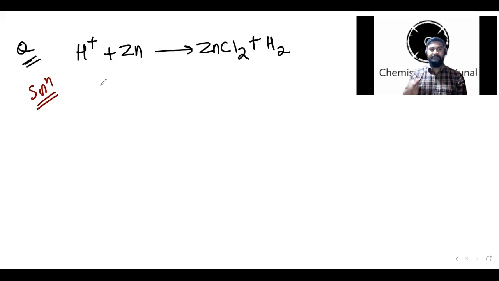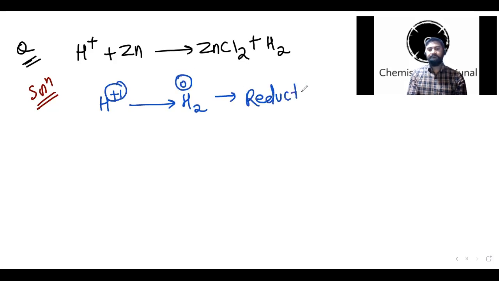So let's solve it. Look at the equation. What do you see here? H plus is becoming H2. So plus 1 has become 0. So what is this? Reduction. Right? And Zn is becoming Zn2 plus.